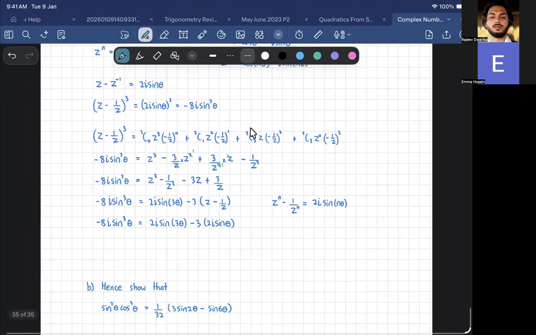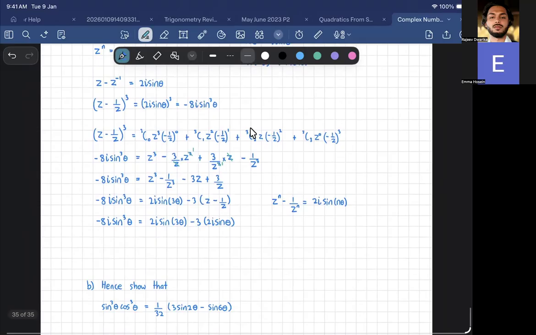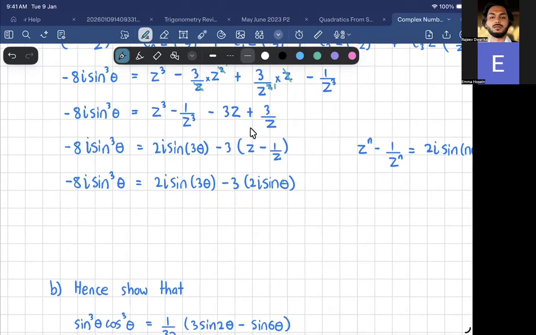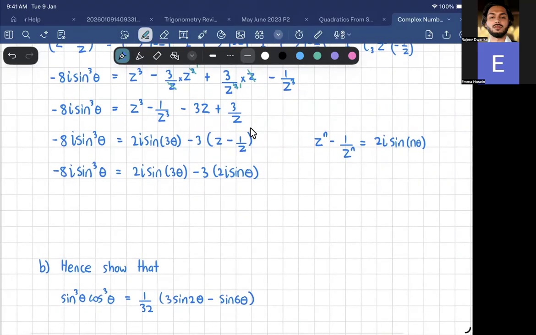And we want to prove 1 over 4 (3 sine theta minus sine 3 theta). Okay, no problem. They want positive 3 sine theta, so we'll definitely have to factor out the negative, so negative 2i. Let me know if you catch that. If you factor out negative 2i, what would I write inside?